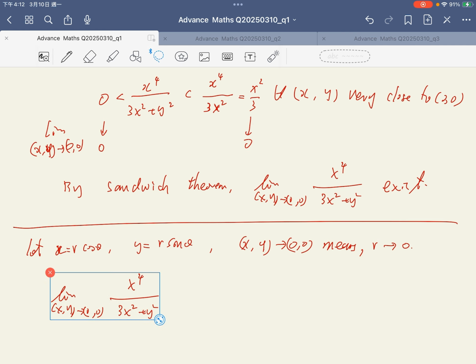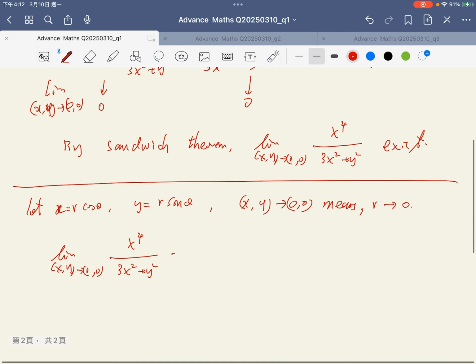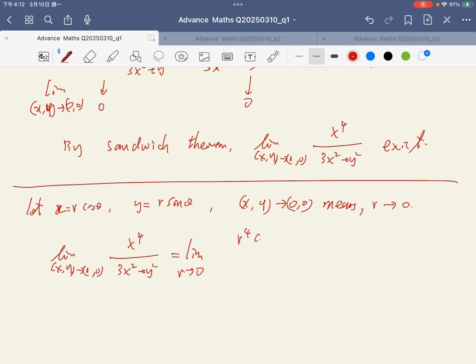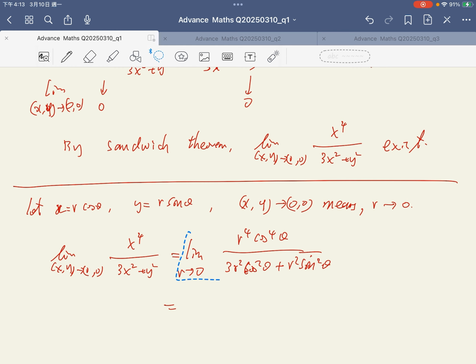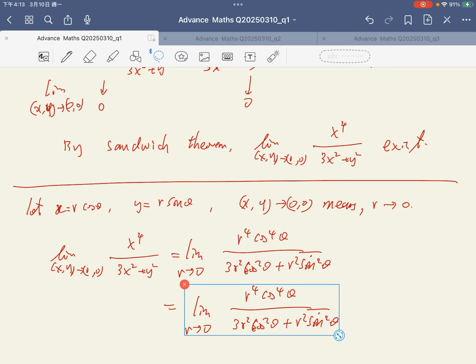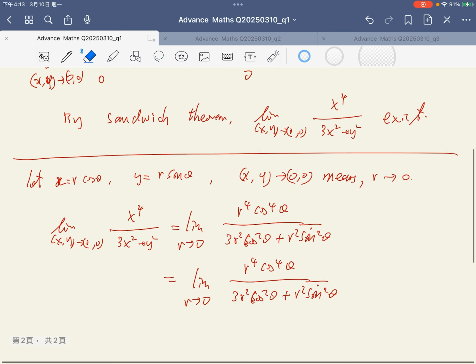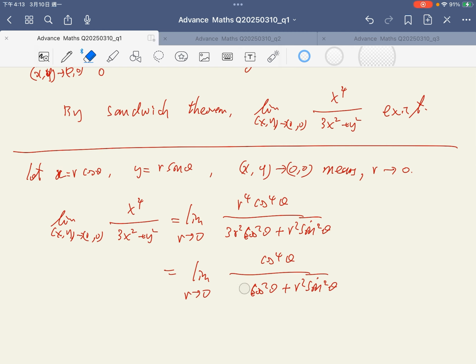Now I change everything to polar coordinates. As r tends to 0, the numerator is r to the power 4 cosine to the power 4 theta, and the denominator is 3r squared cosine squared theta plus r squared sine squared theta. Cancel the r squared.